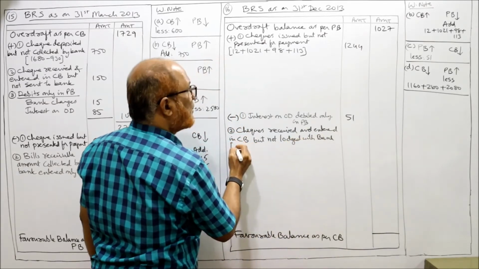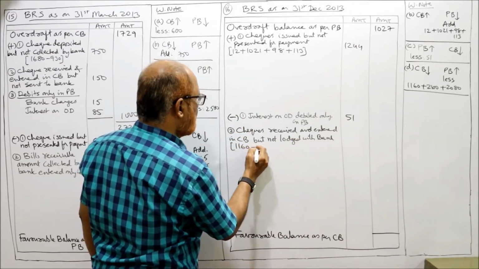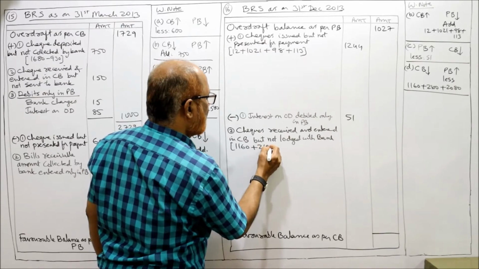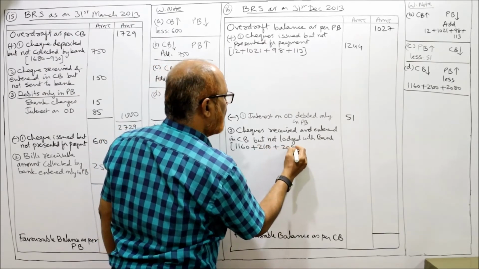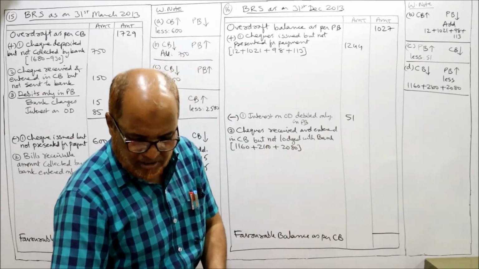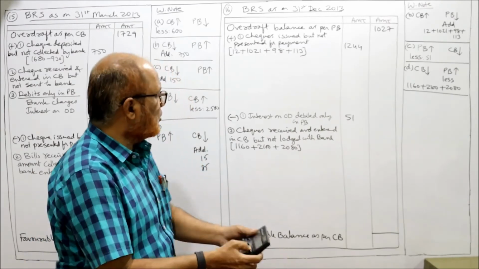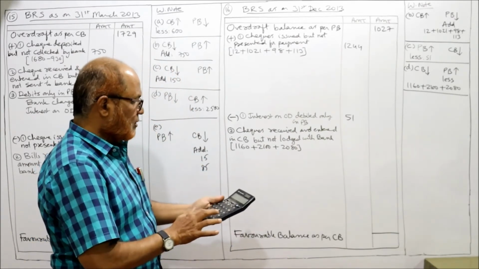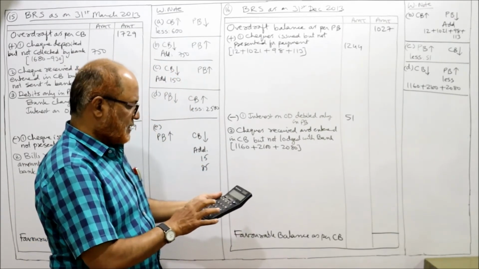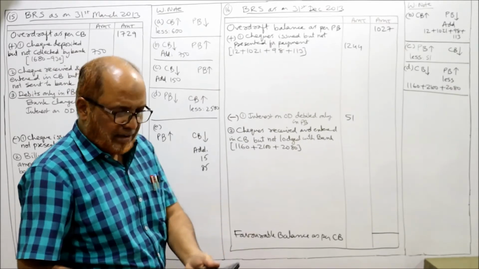That is, what are the amounts? 1,160 plus 2,100 plus 2,080. These are the three checks. Now I am taking the amount total 1,160 plus 2,100 plus 2,080. 5,340.